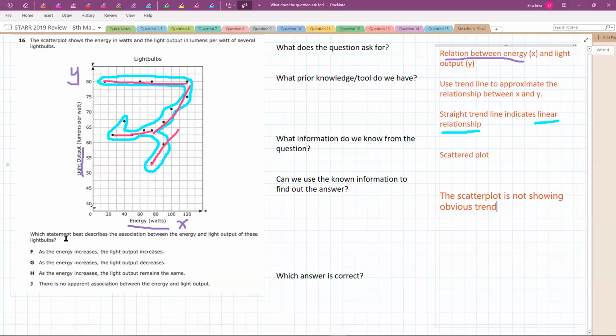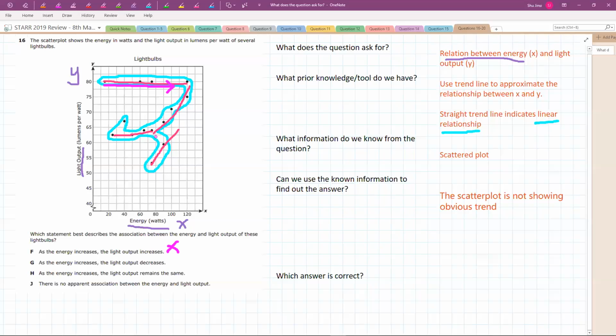So let's read those answers. F says, as energy increases, the light output increases. It's not necessarily true. See here on this part, when the energy increases, the light output stays the same. So this is not true. Option G says, as energy increases, the light output decreases.